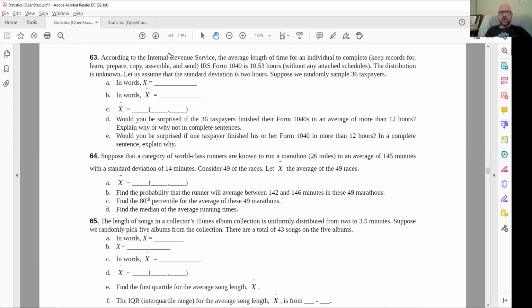So according to the IRS, the average length of time for an individual to complete IRS Form 1040 is 10.53 hours. Now, if you've never had to file taxes before, this is your basic tax form, the one that everybody sends in. Sort of. If all your income was from a job that gives you a W-2 form, then you probably don't need this form.